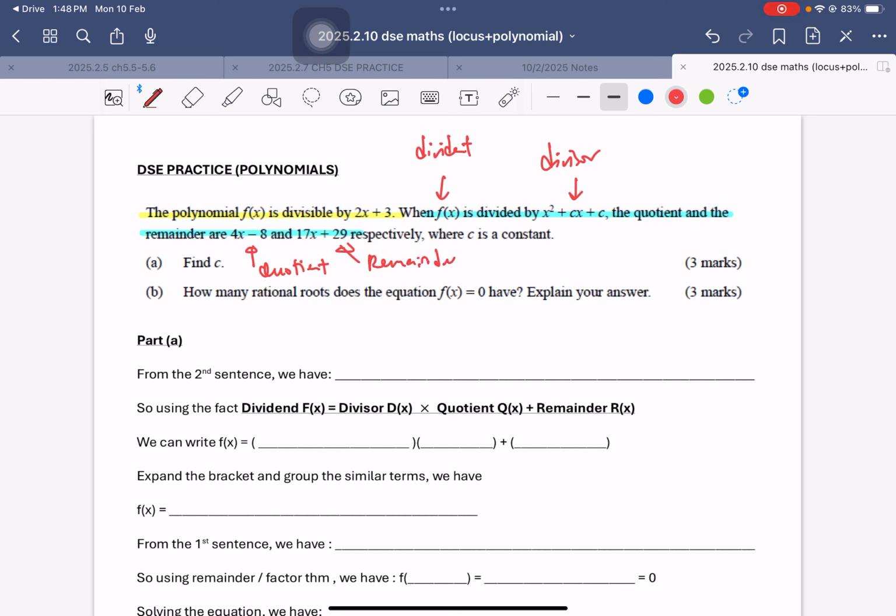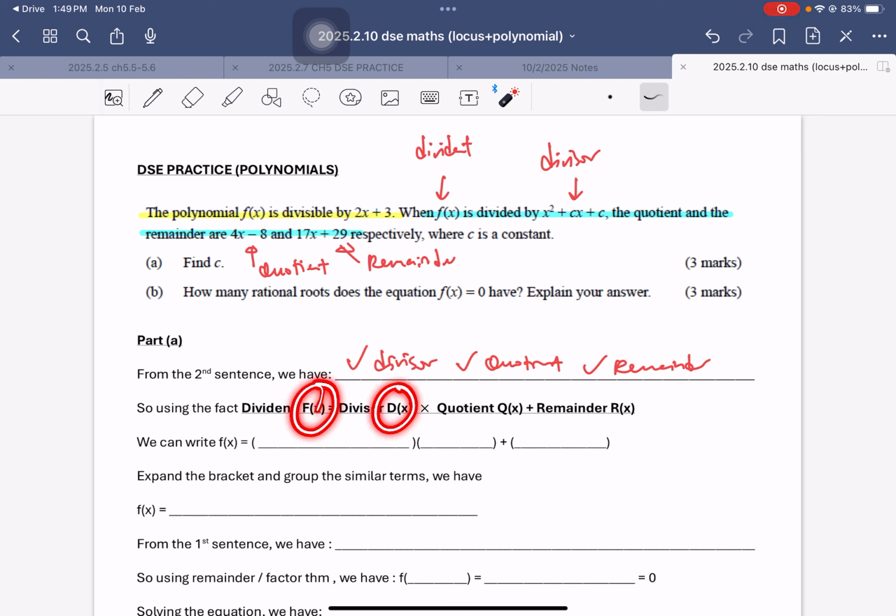So from the second sentence, we actually get the divisor, the quotient and the remainder. Then why don't you use the relationship that f is equal to d times q plus r? So what can f(x) be written as?